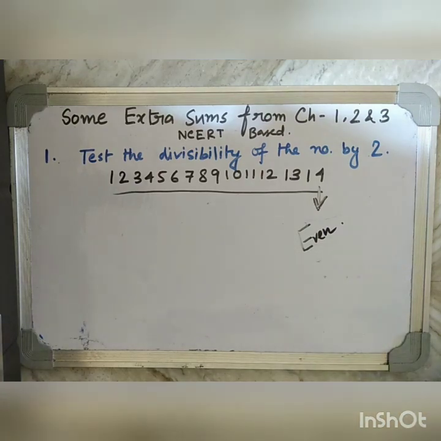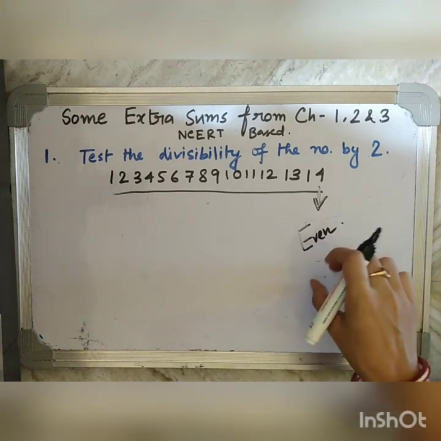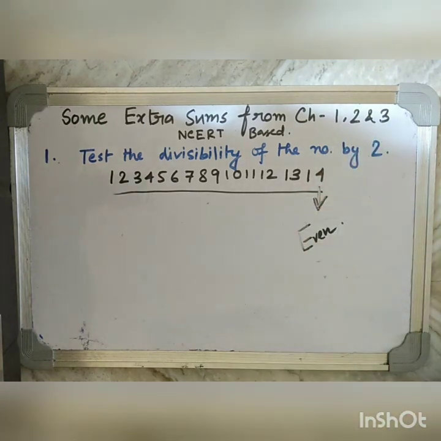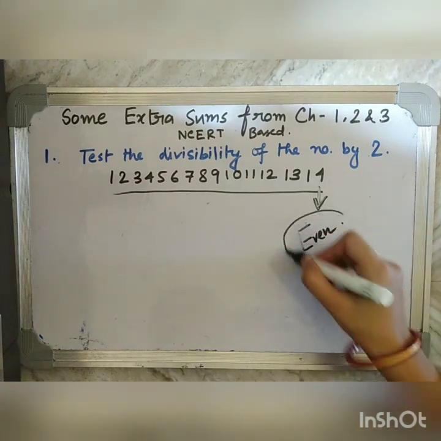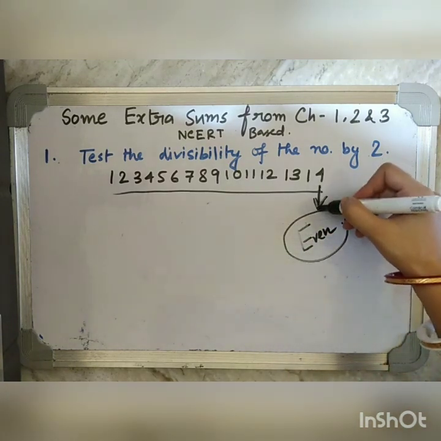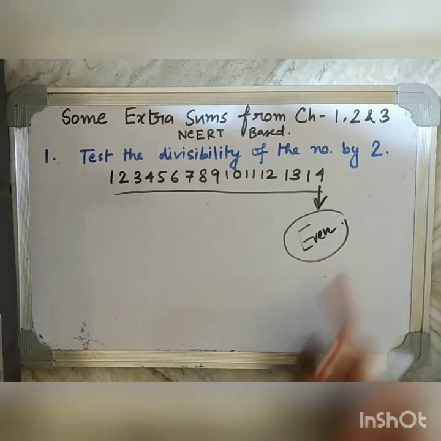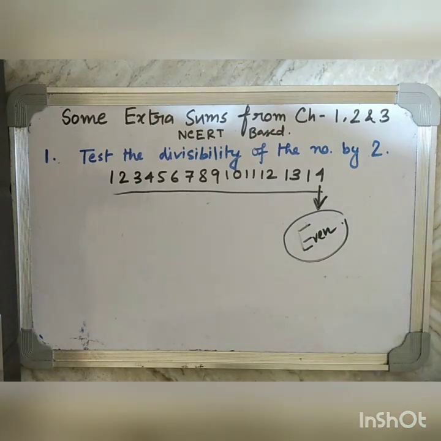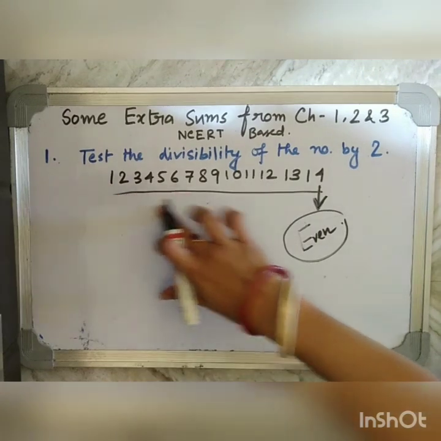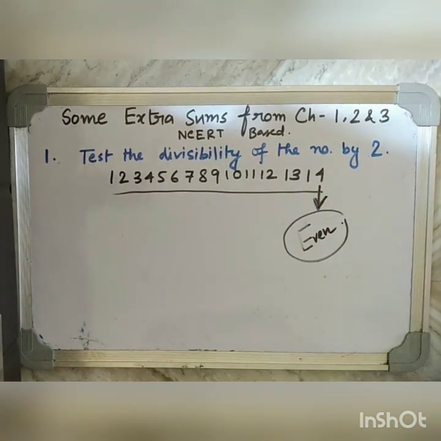So the number which is divisible by 2 must have an even digit at its ones place. This number has the even number 4 in its ones place. That's why we can say that this big number is divisible by 2.